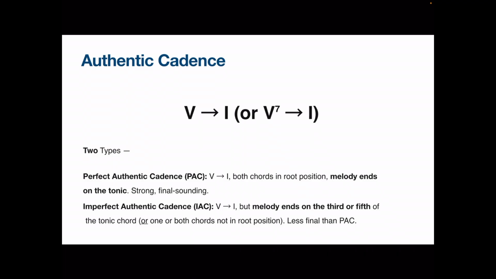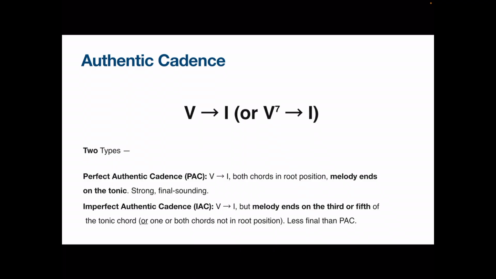So the melody is basically instead of Do. So you can hear the difference when you hear Do at the very end. It sounds like it has really come to an end.